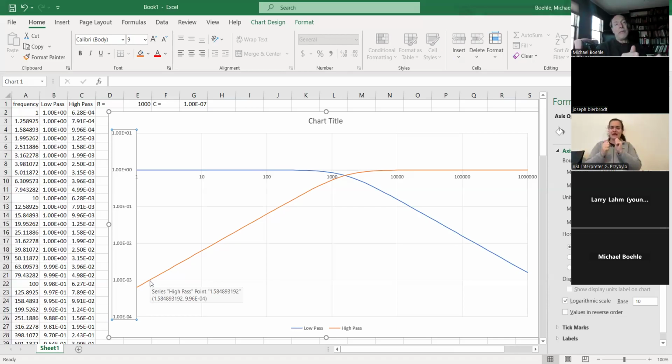Now, what I did here, of course, was I forced the left axis to be logarithmic. The beauty of doing the decibel, sorry, decibel voltage gain, I was doing that last week, wasn't I?